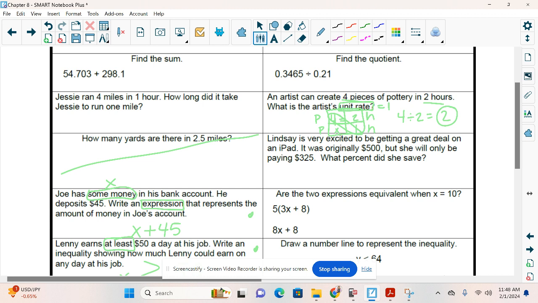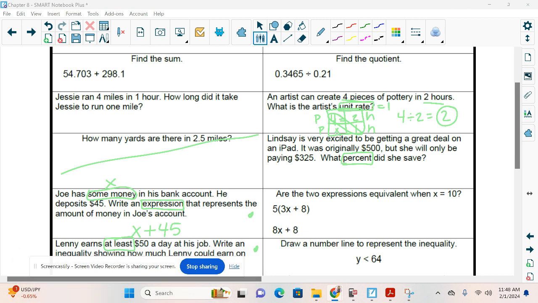The next question says, Lindsay is very excited to be getting a great deal on an iPad. It was originally $500, but she will only be paying $325. What percent did she save? So percent is in the question, which means we need to make a percent box.